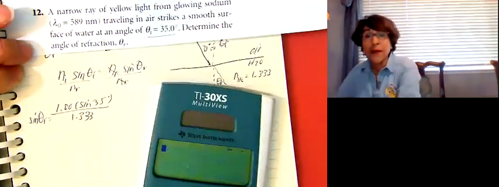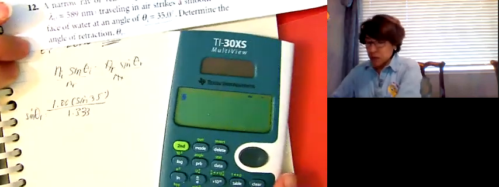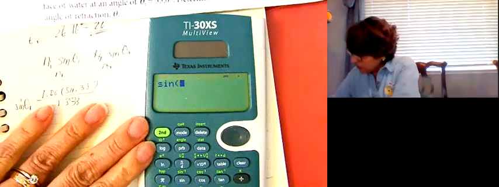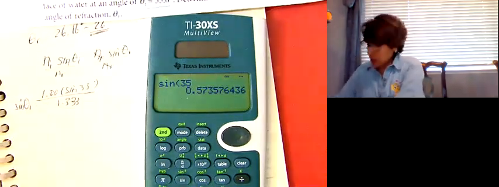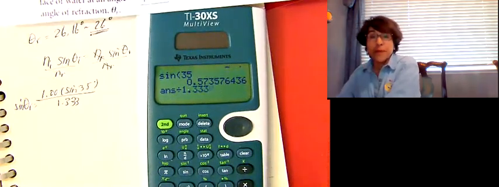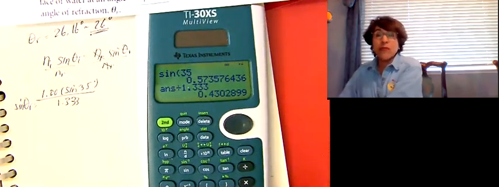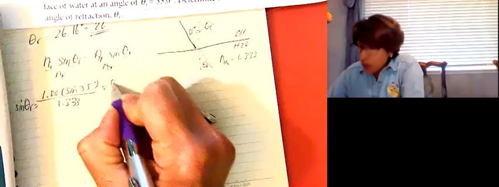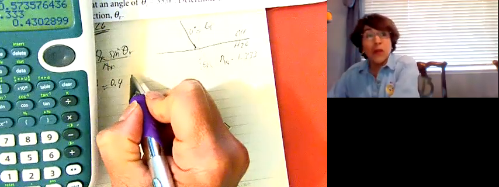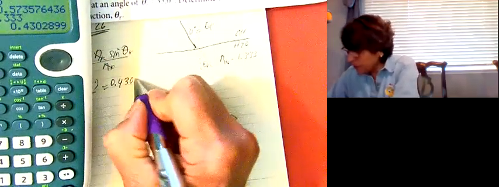So let's take a look at what that is. I'm not going to multiply by 1 because it gives me the same thing. There we go. Sine of 35 divided by 1.333. There it is, 0.403299.